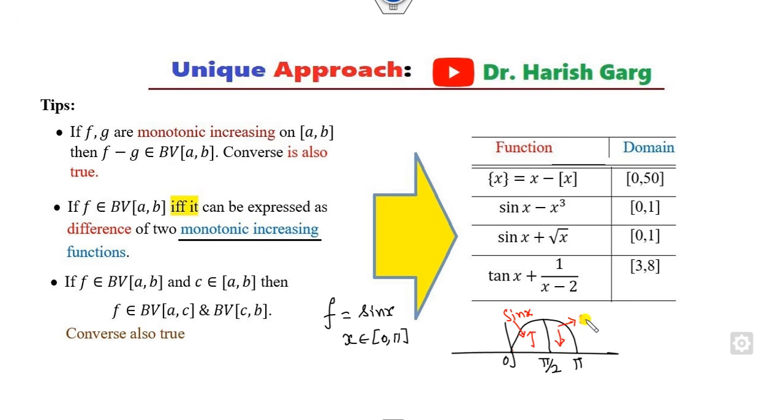So this is monotonic increasing, this is monotonic decreasing. Bounded plus monotonic implies bounded variation. So over the interval 0 to pi by 2 it is bounded variation, and pi by 2 to pi is bounded variation. So this implies that over the complete domain 0 to pi it is bounded variation.